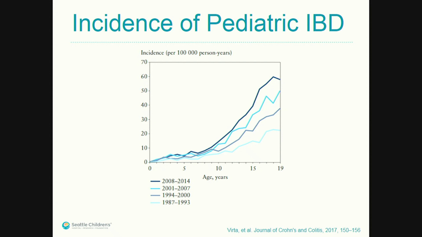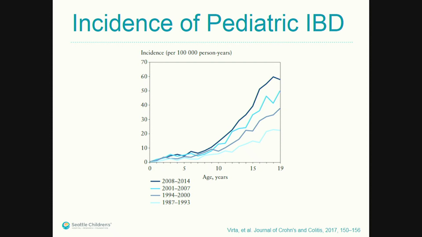It shows that the incidence of inflammatory bowel disease is increasing over time. This is a study from Scandinavia, so it's a very homogeneous population, a population that doesn't change much. And you can see that from the 1980s up to 2014, there has been this incremental rise in the incidence of IBD in that population.